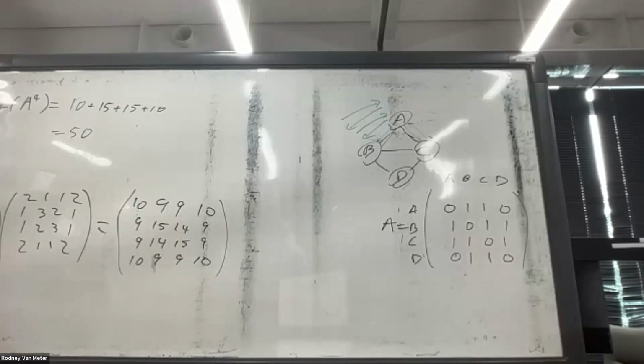So the first edge would be, yeah, let's see. That would be 9 plus 9 plus 4 plus 4.